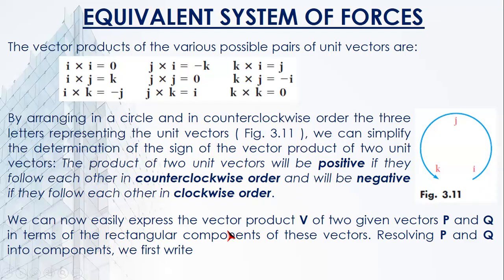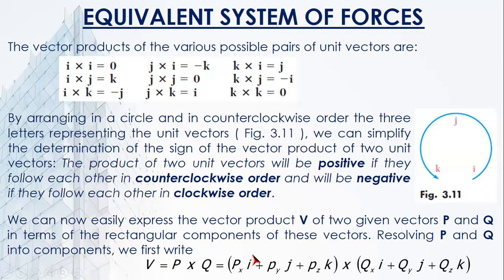We can now easily express the vector product V of two given vectors P and Q in terms of the rectangular components of these vectors. So resolving P and Q into components, we write this one. Pxi. So perform cross product, and then supposed to be 3 times 3, ano, 9 terms. 9 terms, ha? Pero kay ang I cross I kay 0 man.